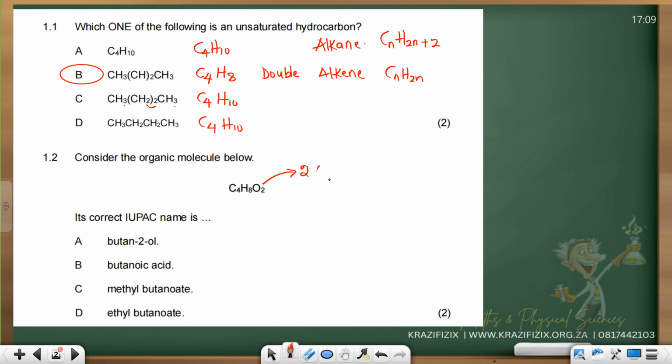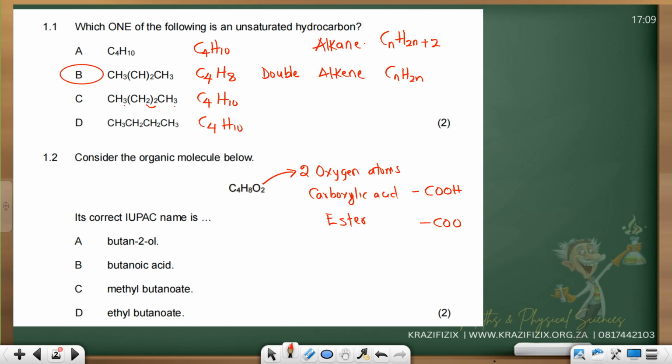For the fact that it contains 2 oxygen atoms, it can only be a carboxylic acid or an ester. So take note if you didn't know, because this is COOH and this is COO. All others contain 1 oxygen. So it shortens what you do.